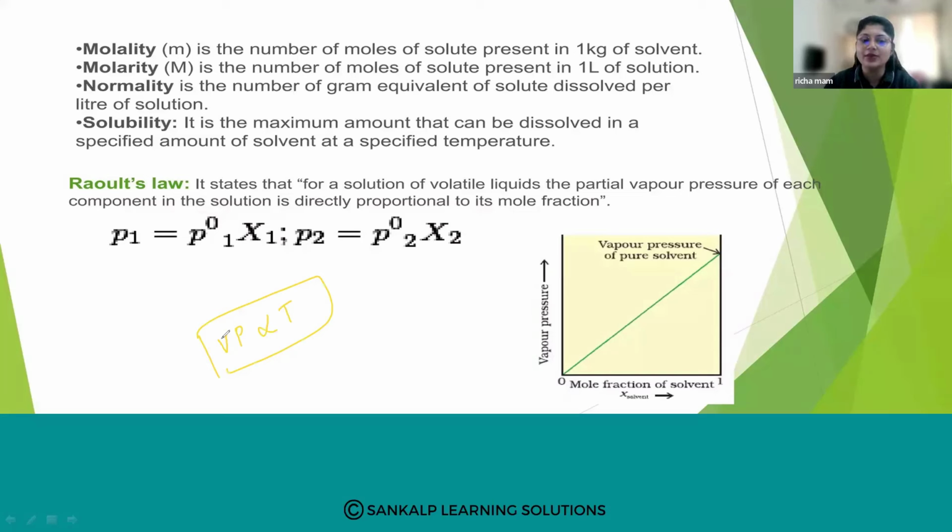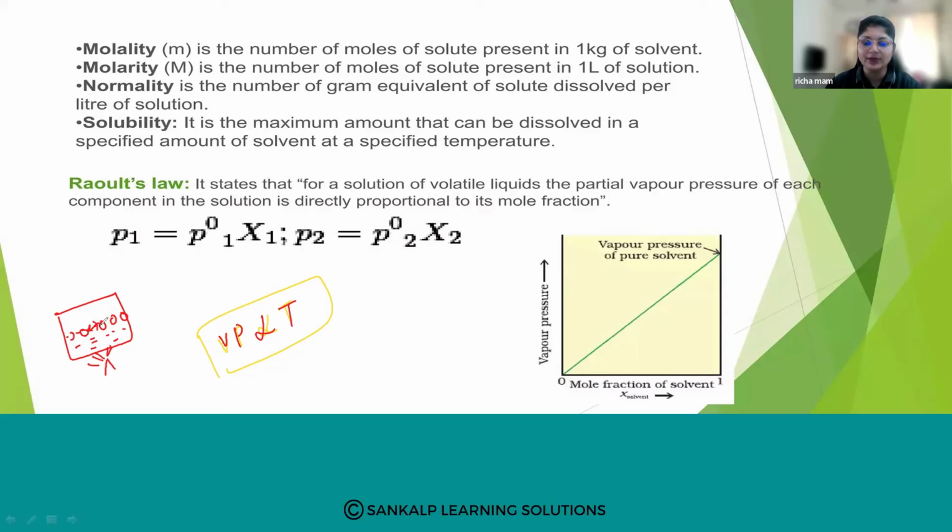So if this is a container which consists of a volatile liquid, and you supply heat, the molecules of the volatile liquid present at the surface will, as you heat them, form vapors. Due to the increase in vapors, they will collide with each other.